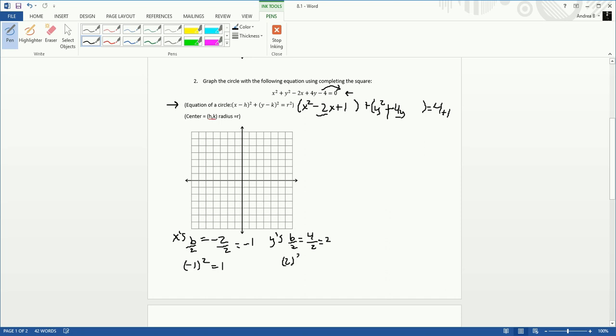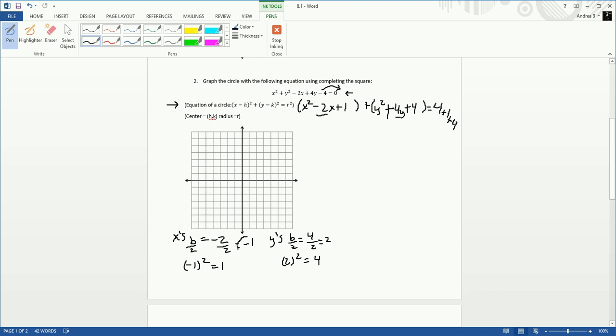Make sure you're always putting those in parentheses, because if they are negative, you will get a different answer otherwise. So then here in this case, we're going to have a +4 here inside with the y's, which means we also need a +4 on the right side of the equation to help balance the equation. Remember, anytime you do something to one side of the equation, you also have to do it to the other side.